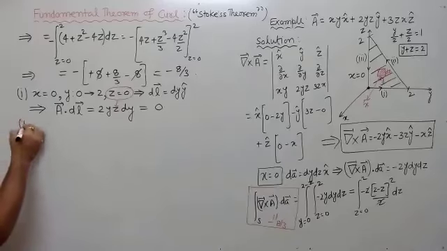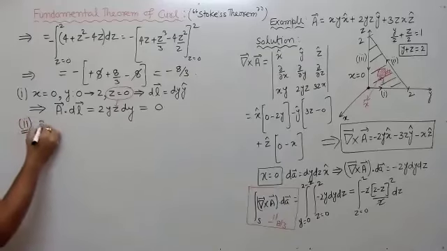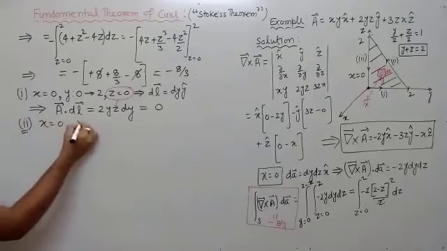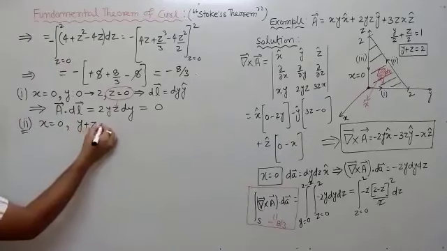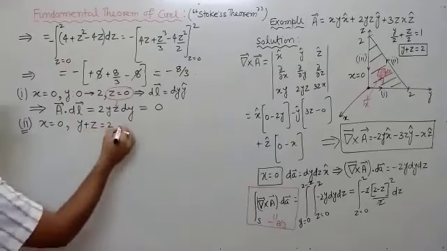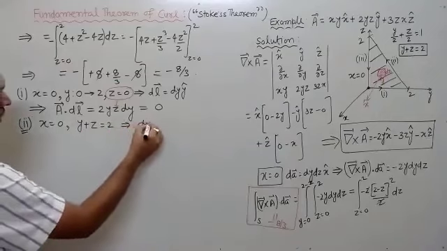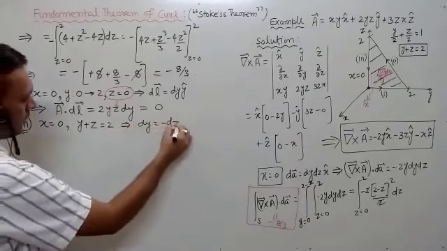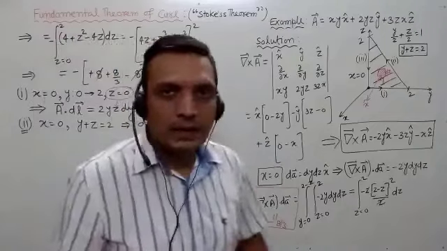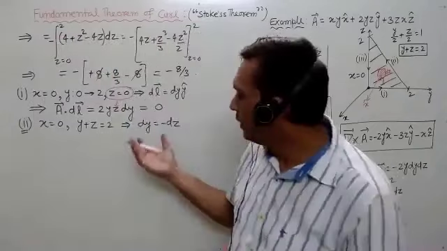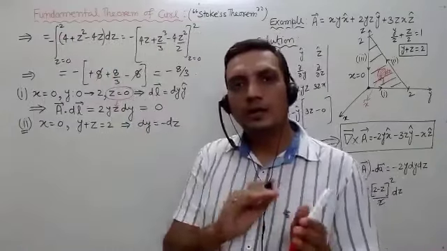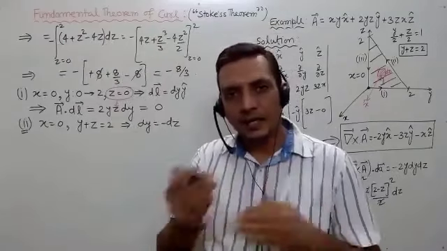Then segment 2, x is 0. In this case, y and z are dependent. And then this will give you dy is equal to minus dz. Because you have to write dl, so y and z are dependent, so you have to relate dy and dz.